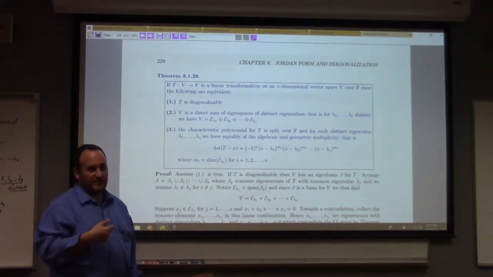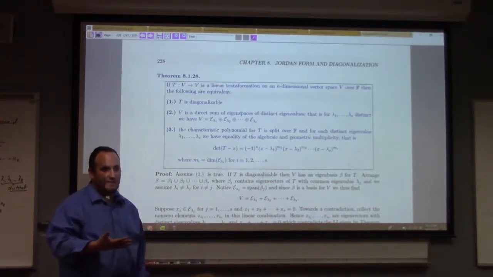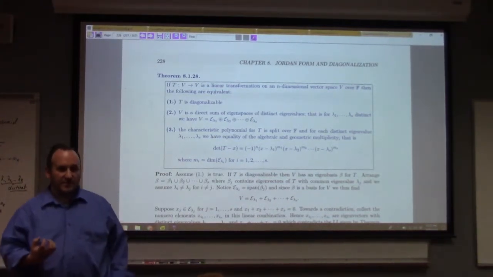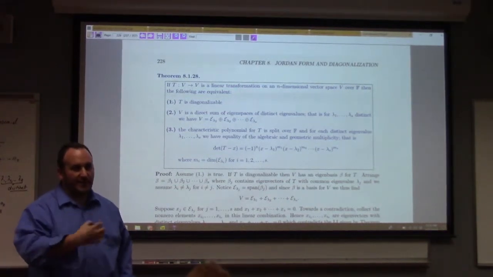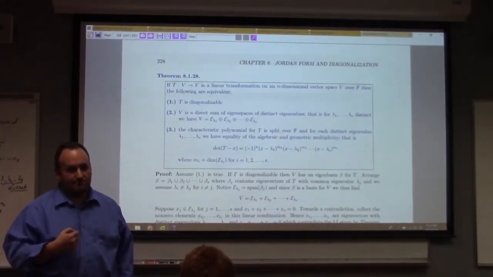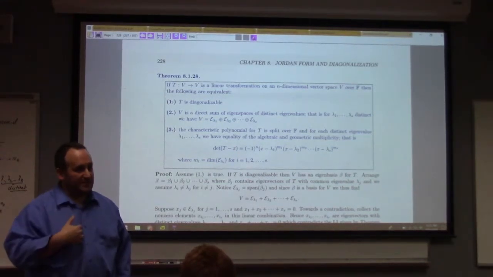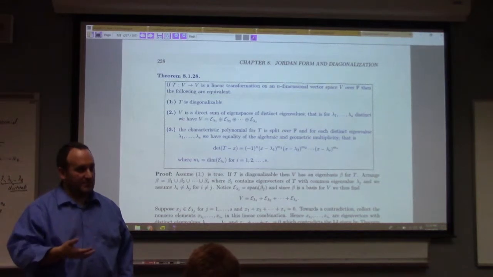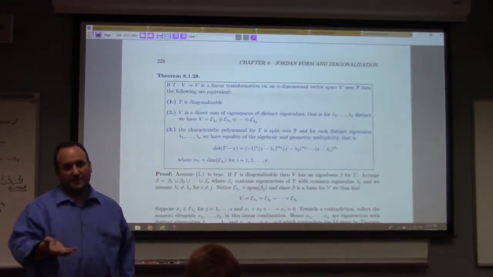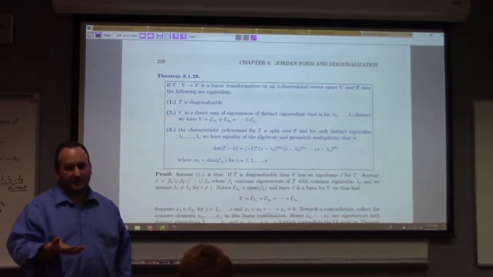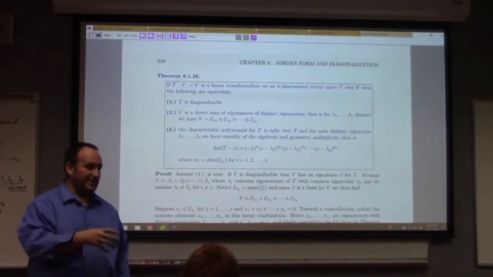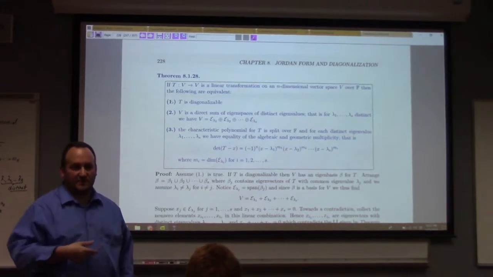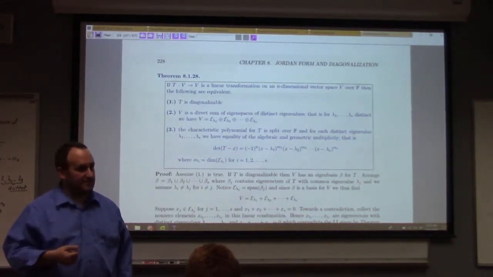This is also equivalent to saying that the geometric multiplicity is equal to the algebraic multiplicity for every eigenvalue of your transformation. And again, we're working under the blanket assumption that the eigenvalues are all in the field. Like that example I showed you before the test, where we had a real matrix which had complex eigenvalues, that doesn't even fit this discussion. That's a whole other thing, which we'll talk about next class.